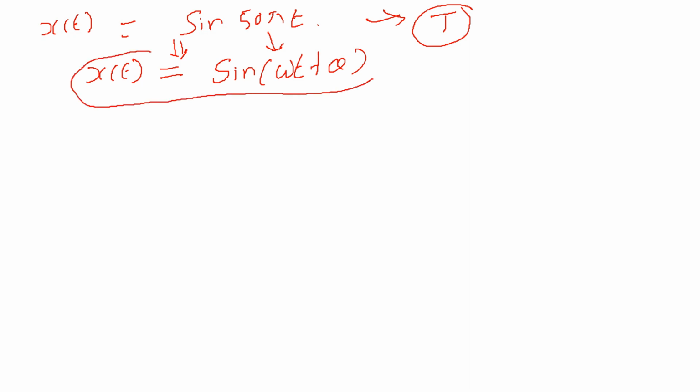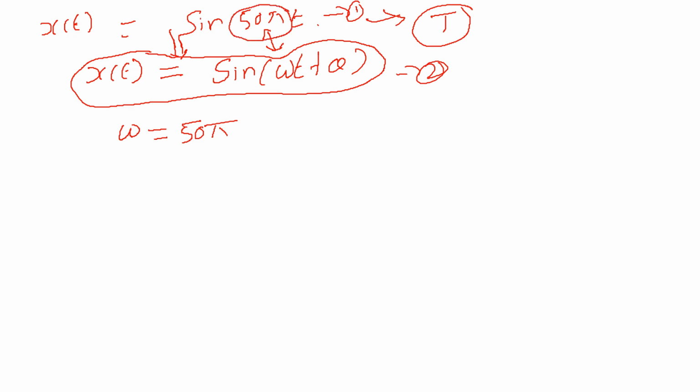This looks similar to this kind of generalized equation, sine of omega t plus theta. So say this is equation 1, this is equation 2. By comparing equations 1 and 2, what can I write? Omega is nothing but 50 pi.